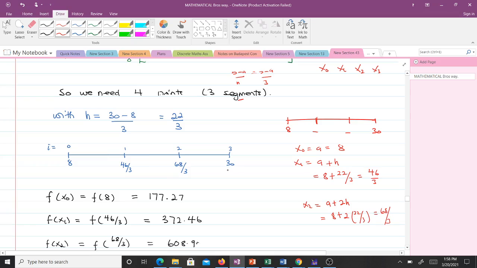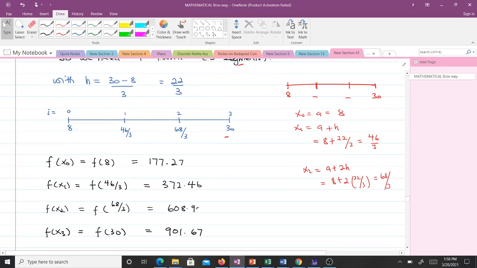So that's what you can see here, and this is our b. Okay, so from here that means our xi is equal to a plus ih. So this will be x0, this will be x1, this will be x2, and this will be x3.